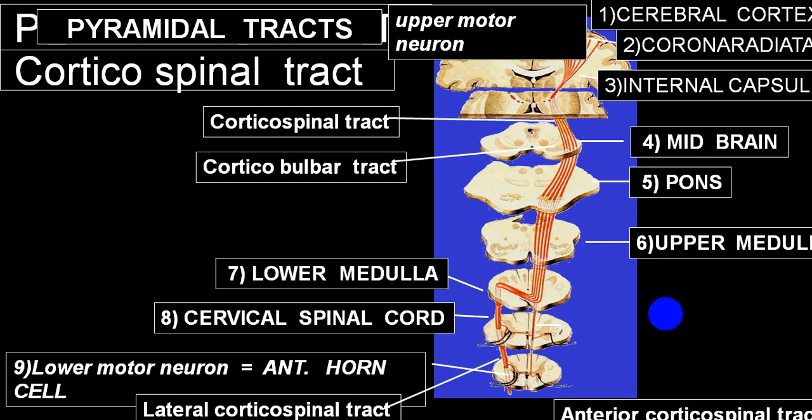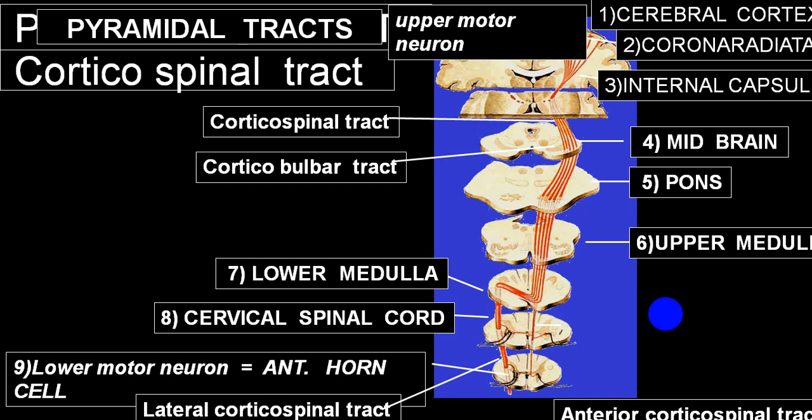Roughly, the corticospinal tract starts from the cerebral cortex. Then all the fibers converge at the internal capsule. The portion between the cerebral cortex and the internal capsule is called corona radiata.